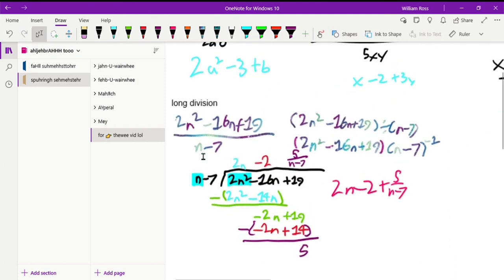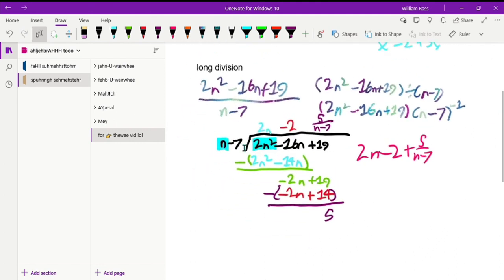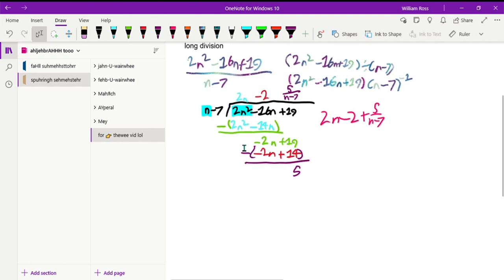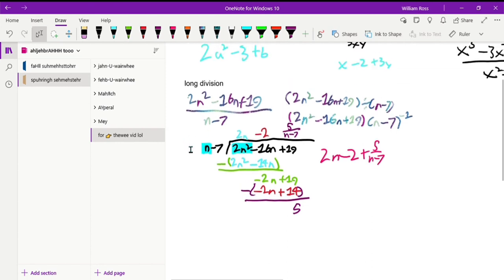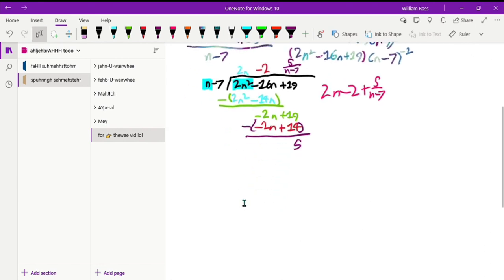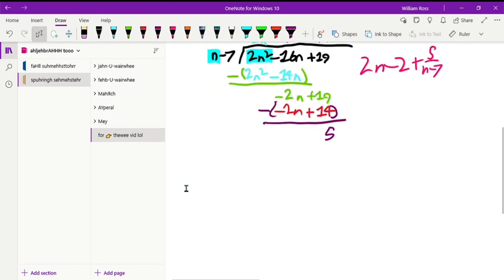Now, you might be wondering, what if there are more than 2 terms in the denominator? Well, the same rules still apply. You're still finding out what first term goes into this first term, and then so forth. But I'll show you an example anyway.